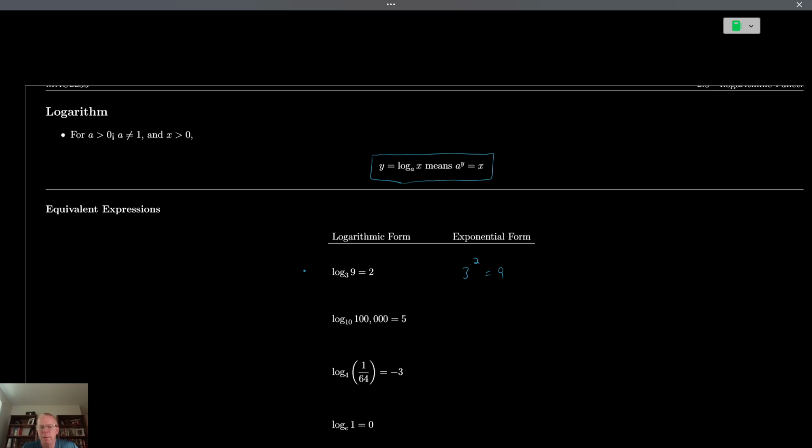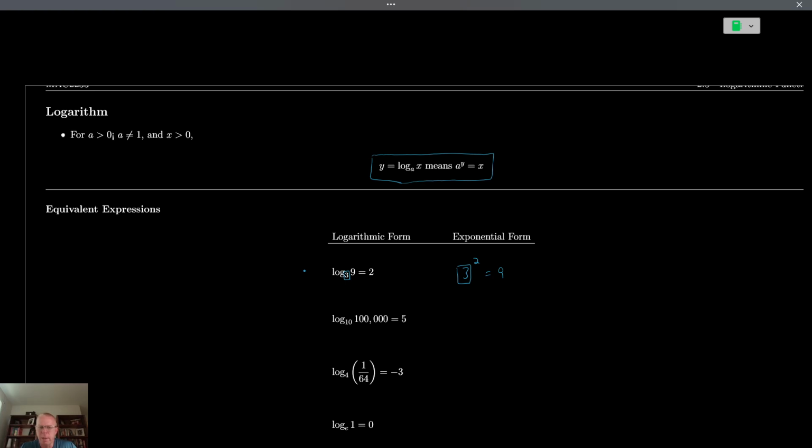And the way I remember this, the subscript 3 here is called the base of the logarithm, where a is the base. Now, you may not hear this a lot, but 3 is also the base of the exponent. 2, of course, we know is the exponent.